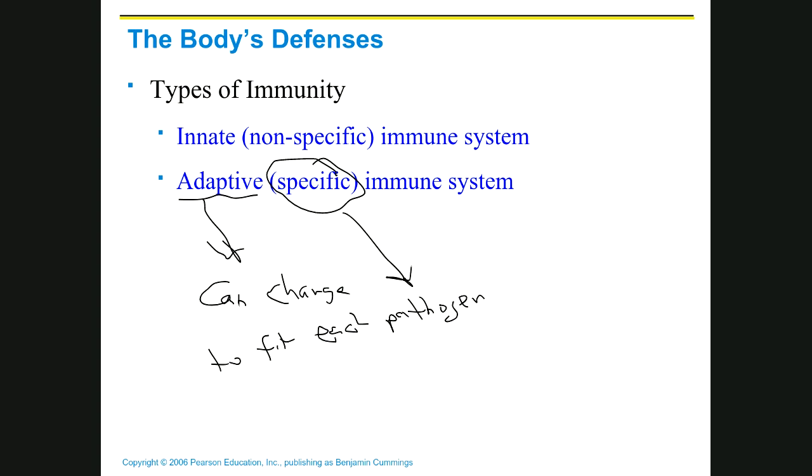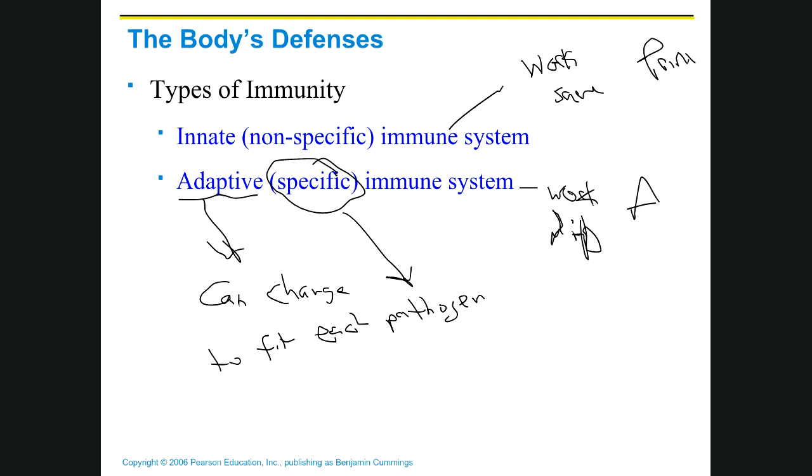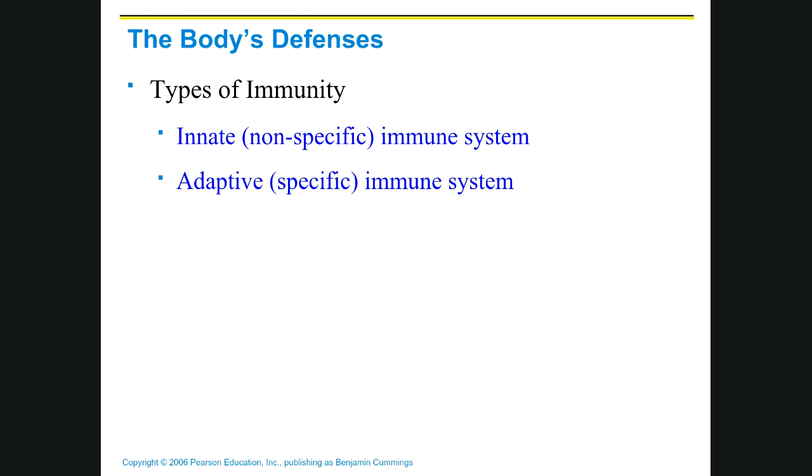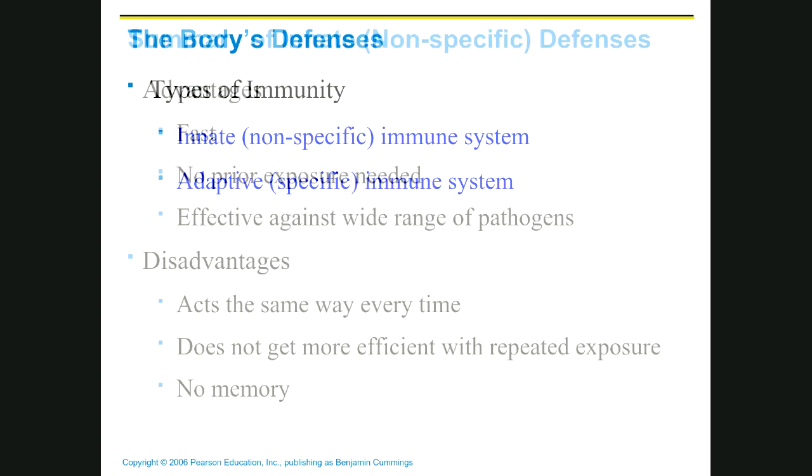And so that word means it's going to work differently for every single pathogen. Not like this one. This is always going to work the same, no matter what the pathogen is. And so, like I said, this is kind of primitive. Well, this is much, much more advanced, because it works differently, specifically for each individual pathogen. And so we're going to look at both of these, but we're going to look at innate first. So let's look at innate.